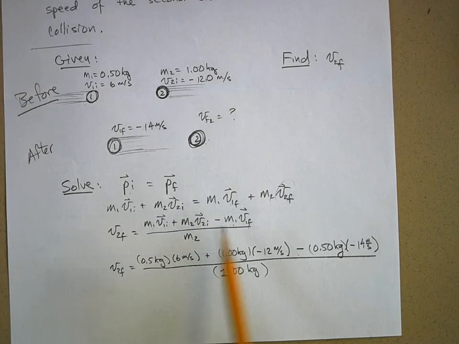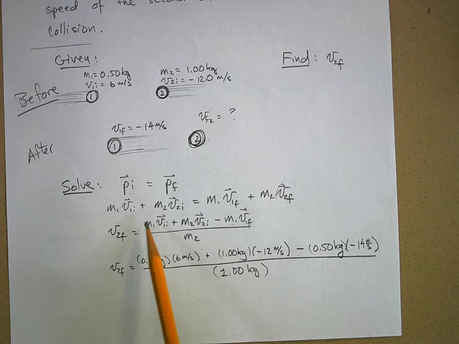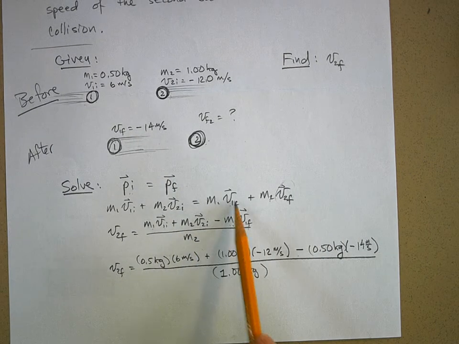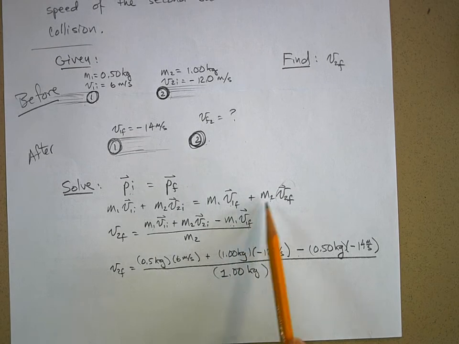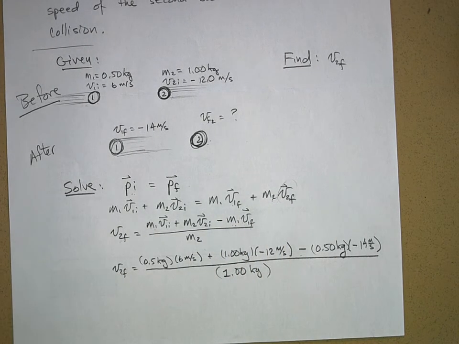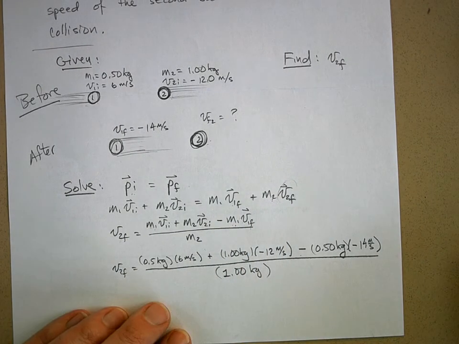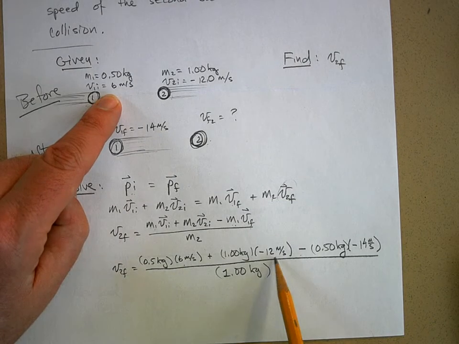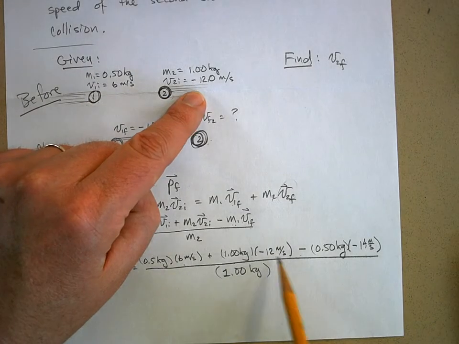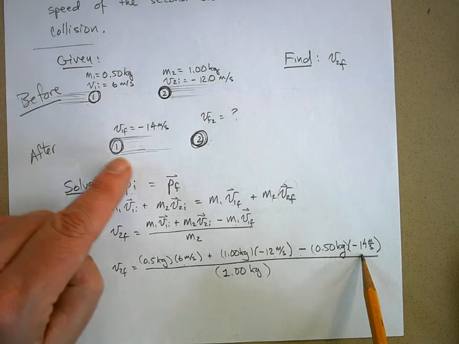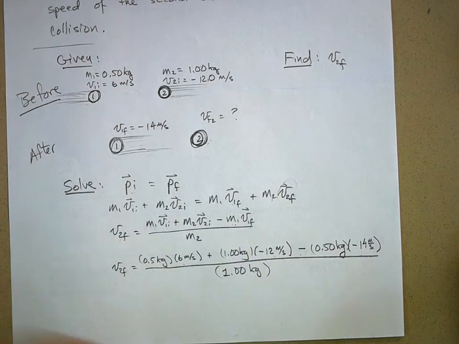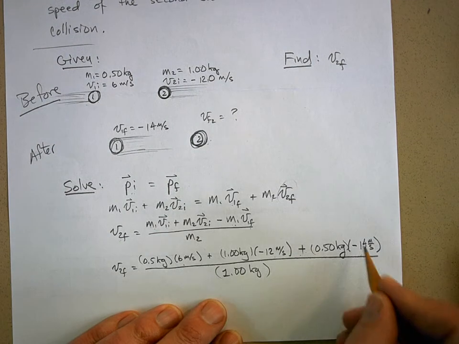Let me check my work here. I'm solving for this, so these stay the same. Subtract this, divide by M2. That's V2 final, yep. Then this was positive, V2 initial was negative, V1 final was negative, but we're subtracting it.